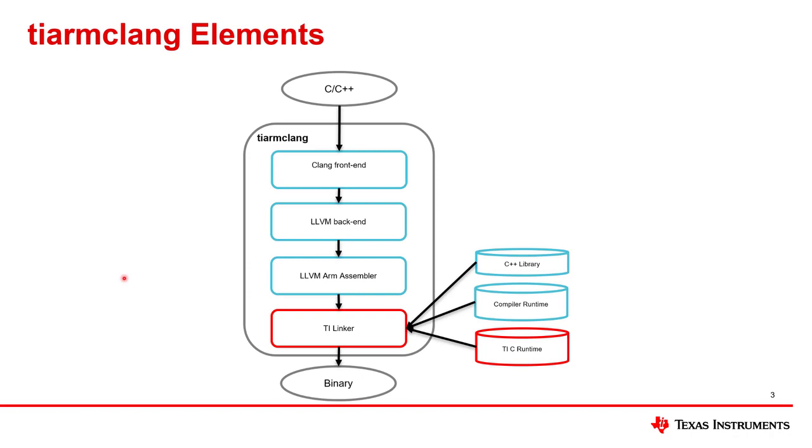So now our diagram has just a bit more detail, and we're using the TI-ARM Clang compiler. So what's happening here? What's in these boxes? Okay, Clang front end. I'm sure we've all had the fun experience of a diagnostic message like line 127, missing semicolon, or something fun like that.